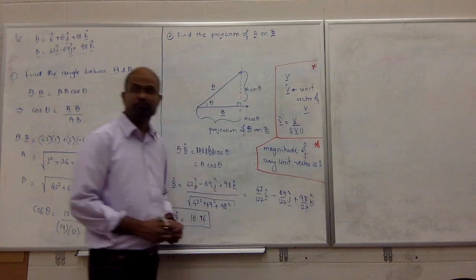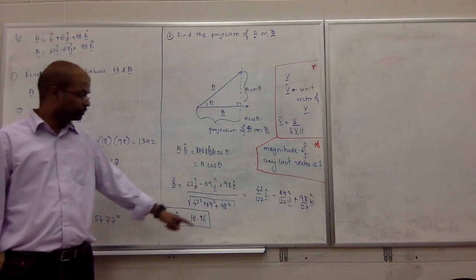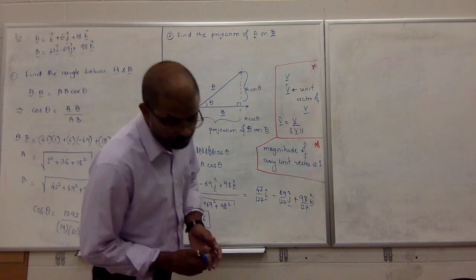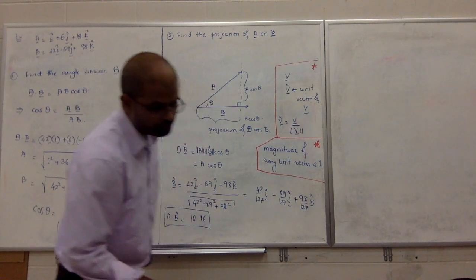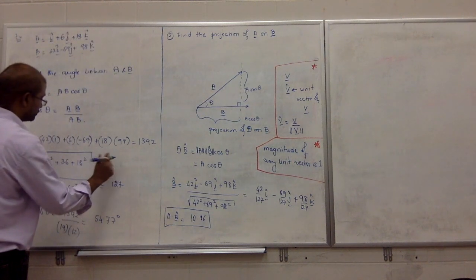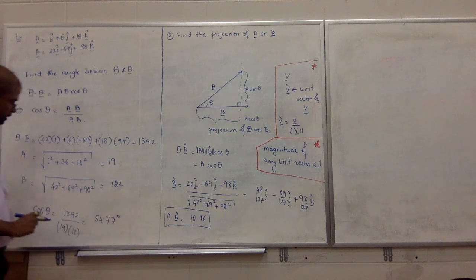You're right. So this is 127. My bad. 19 for the first one, too. Yeah. A is 19, is it? Yep. I'm a little off today.